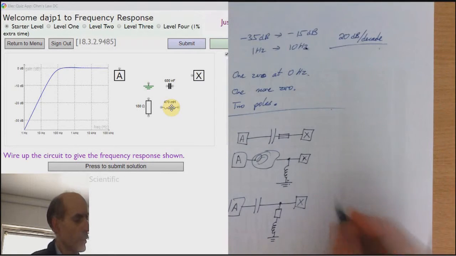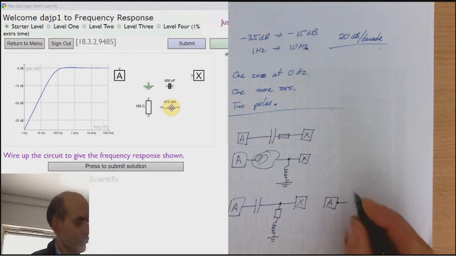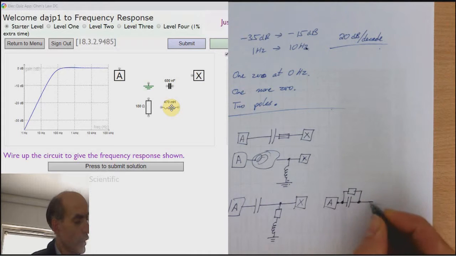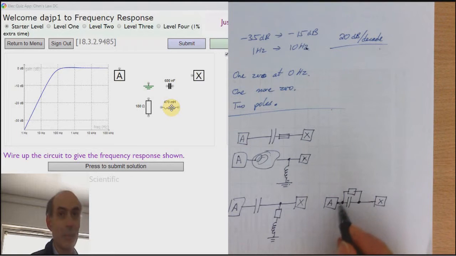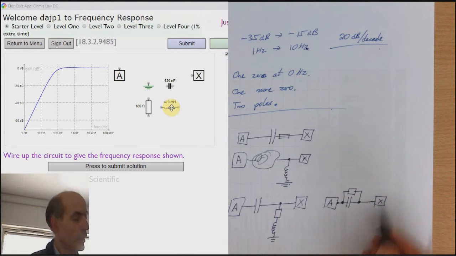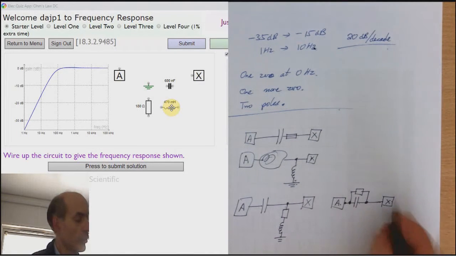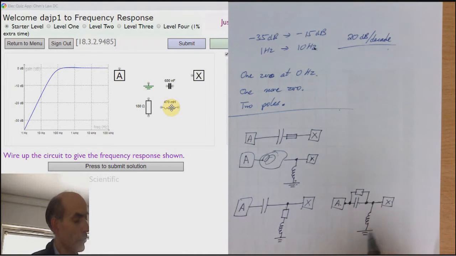The other one is this one. You take a capacitor and bypass it with a parallel resistor. So now, at 0 Hertz, there is a route through from the input to the output, so you don't get a 0 at 0 Hertz due to the capacitor, but you could add in the inductor like that, and now you would get a 0 at 0 Hertz due to that inductor.